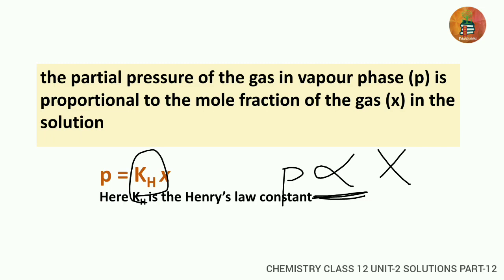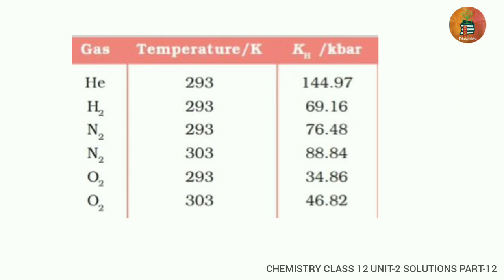P = Kh X, where P is the partial pressure of the gas in vapor phase, Kh is the Henry's law constant, and X is the mole fraction of the gas. It is seen that as Kh is increased, the solubility of the gas goes on decreasing.